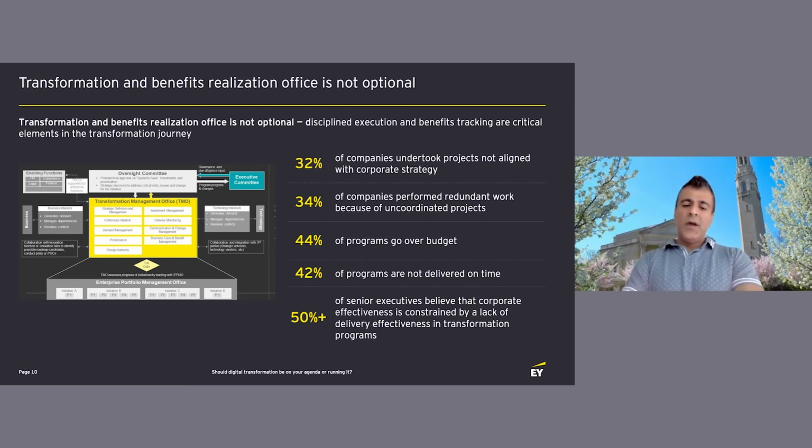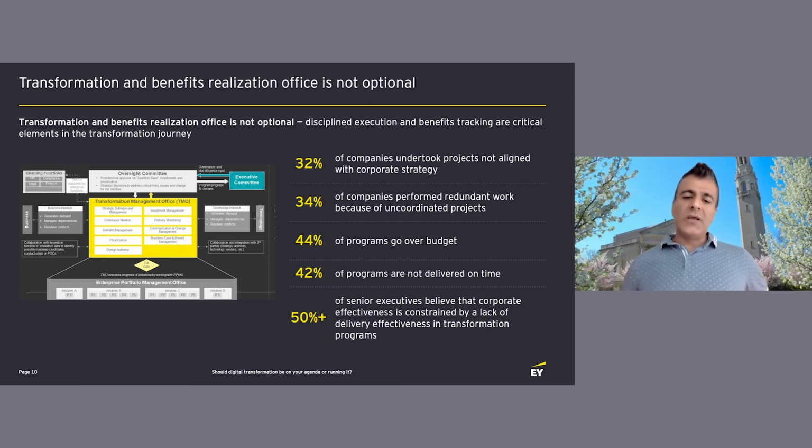This is the team that creates the business case with the finance teams embedded in this transformation office. Not only do they create the business case to create and inform your transformation roadmap, but as you start to design and pilot these initiatives, they continue to update the business case with the actual results of every pilot, hence the term transformation and benefit realization office.